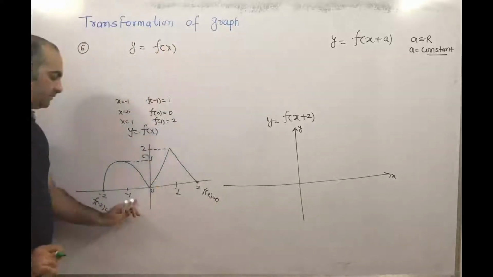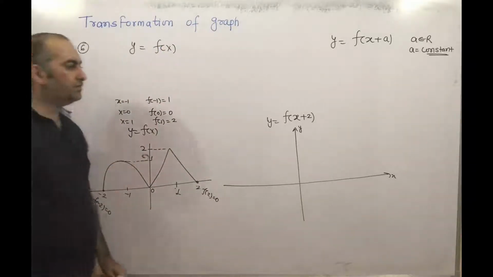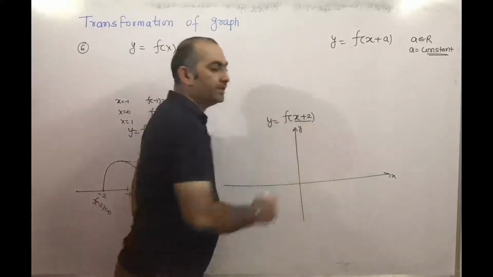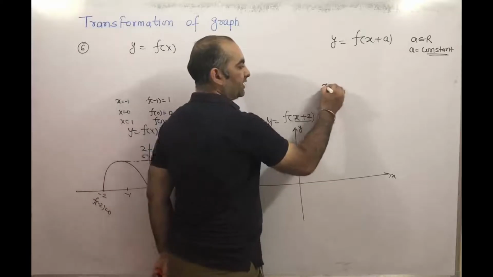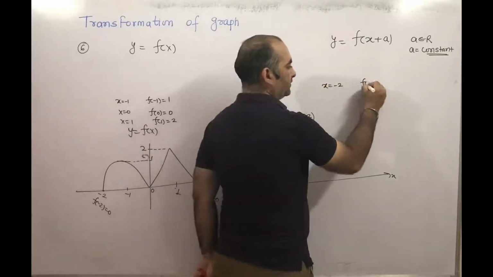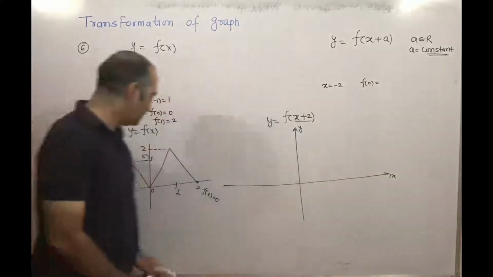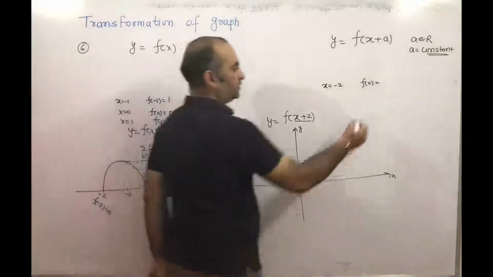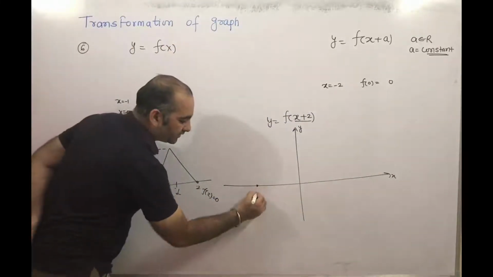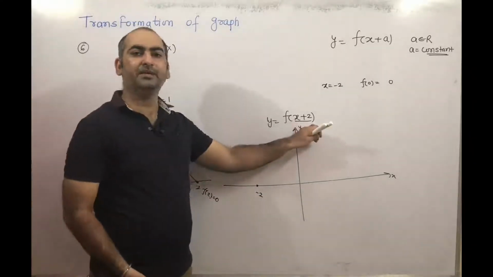So for finding this graph, how to draw it? See, f(0) is 0. When this x plus 2 becomes 0, the inside quantity becomes 0, at x equal to -2. So at x equal to -2, what will come here? f(0), which is 0. So at x equal to -2, y equal to f(x plus 2) is 0.